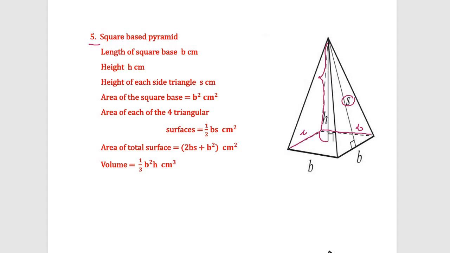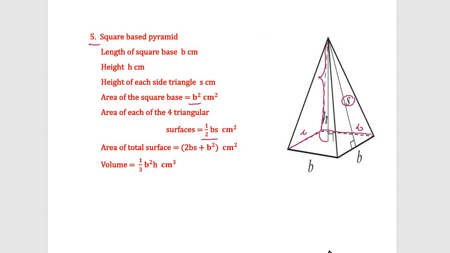In this case, the area of the square base can be found by the formula b times b, or b square centimeter square. The area of each of the 4 triangular surfaces, and there are a total of 4, can be found with the formula half times b times s, half bs centimeter square.